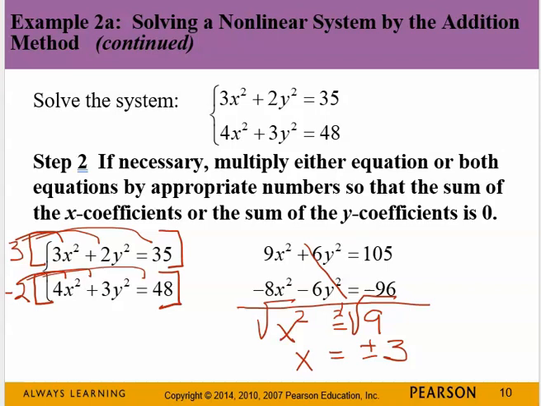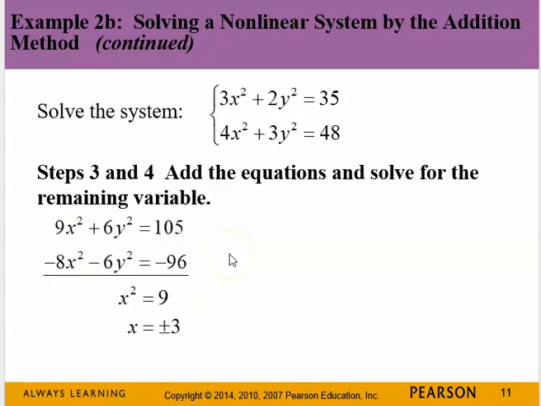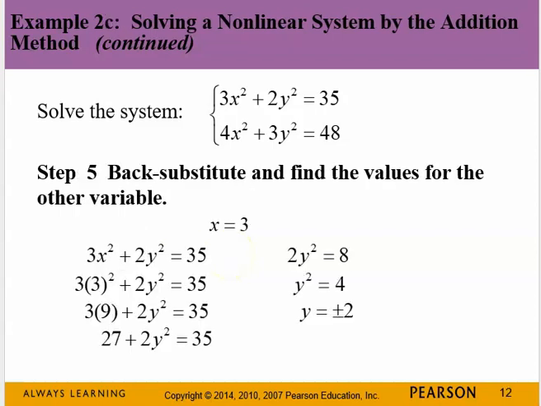So let's look at what happens next. And this is what we've done. Now we need to go back and take our value of a positive 3, put it into the other equation, and eventually end up that y could be a plus or minus 2.